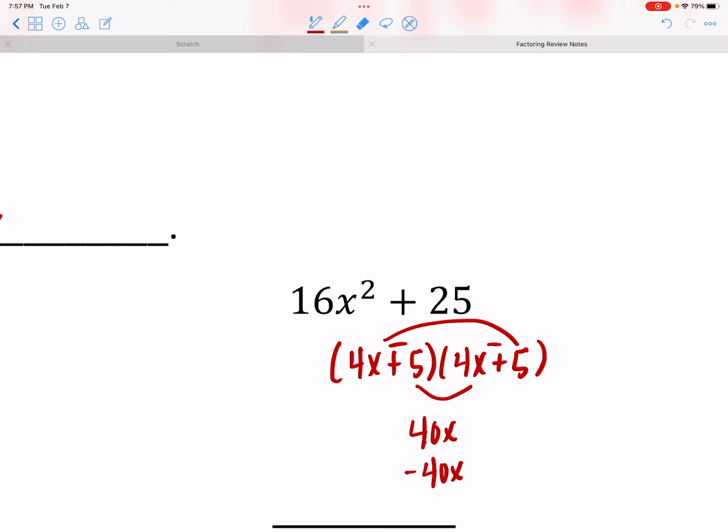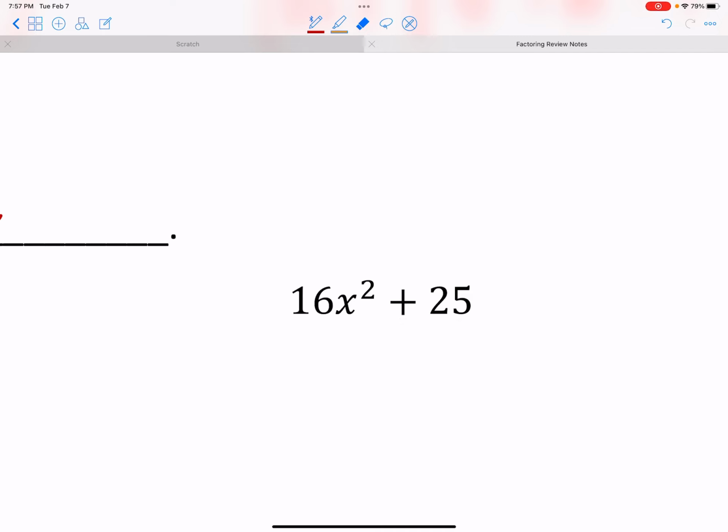There's no combination that's going to work. There's no way you can make that 16x squared and 25 positive without producing other terms in your expression. So this is, again, a sum of squares. A sum of squares is always prime.